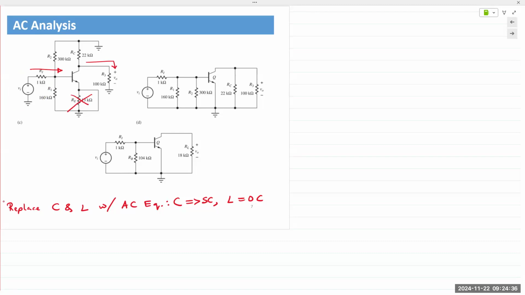The effect of, actually, I jumped ahead.